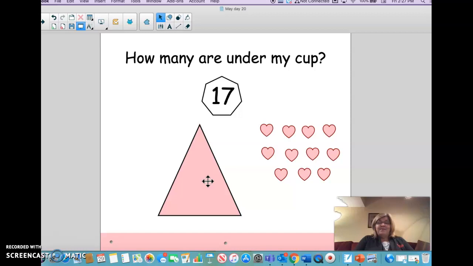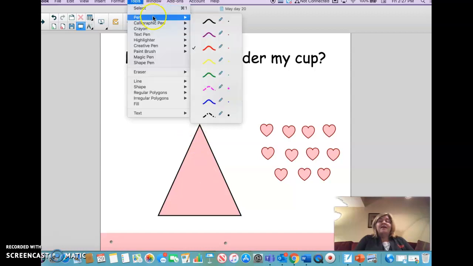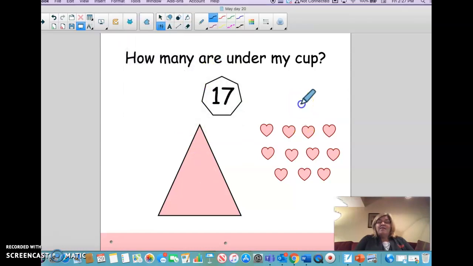This one might take a little bit more thinking. Here we have 11 hearts, but there's 17 total. So how many are underneath?